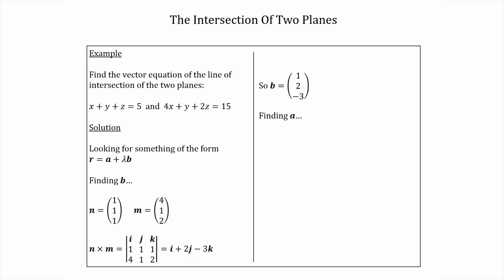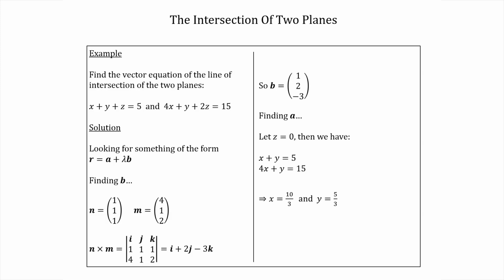To try to simplify things, let's assume that there is a point with z equal to 0, which lies on the line. Then the two equations simplify to x plus y equals 5 and 4x plus y equals 15. Solving these two equations simultaneously gives us x equals 10 over 3 and y equals 5 over 3.